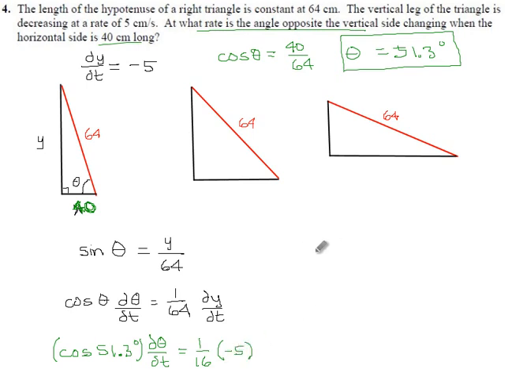So if we want d theta/dt, it's got to be 1/64 times negative 5 divided by this cosine, which I'm going to hammer out right now. 1/64 times negative 5 divided by cosine 51.3. And I get d theta/dt is pretty much exactly, I get negative 0.4998, so basically negative 0.5.